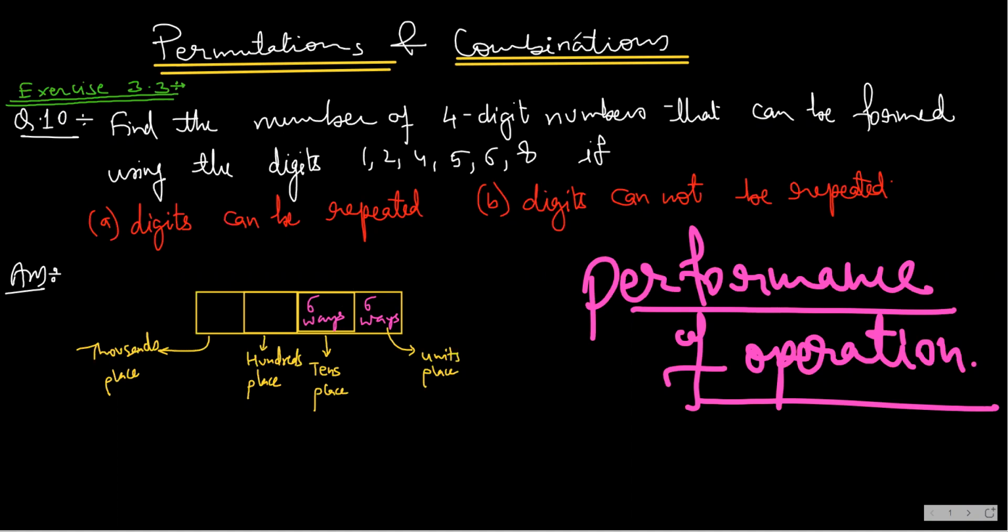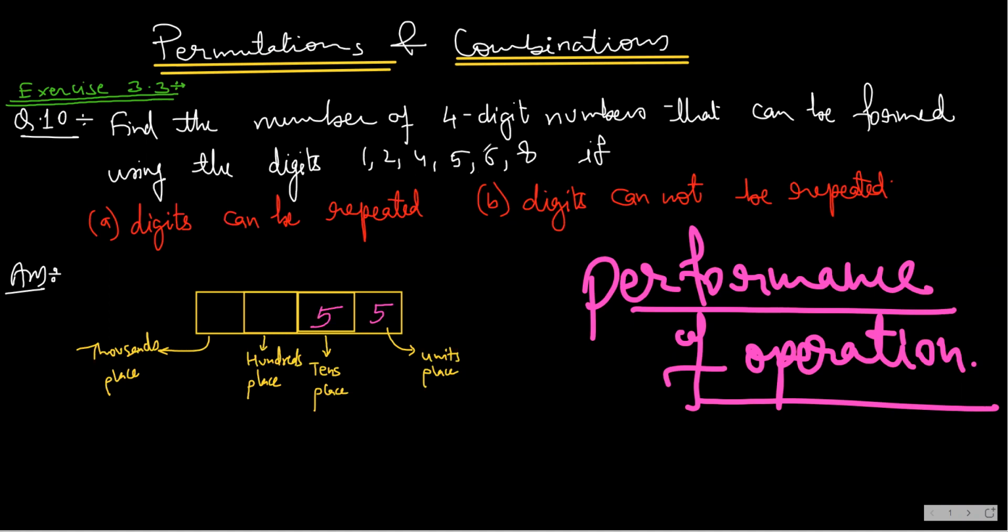Say, for example, you have 6 ways of filling the units place, and you fill it with any one of the 6 digits. Say you write 5 here. Now, once you have written 5, and since the digits can be repeated, you can still have 5 here.